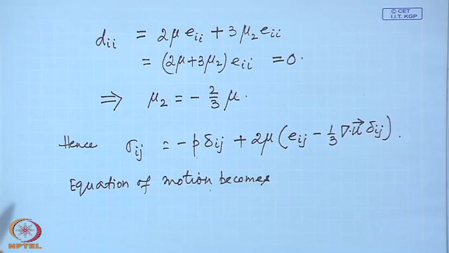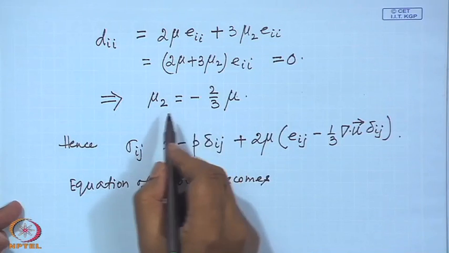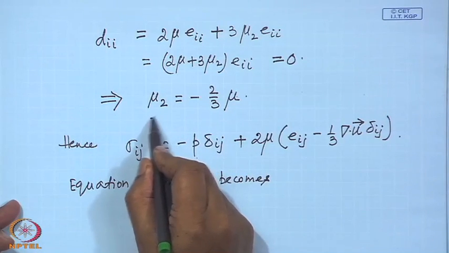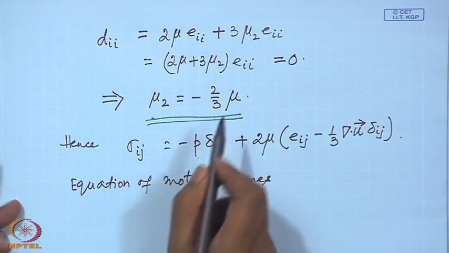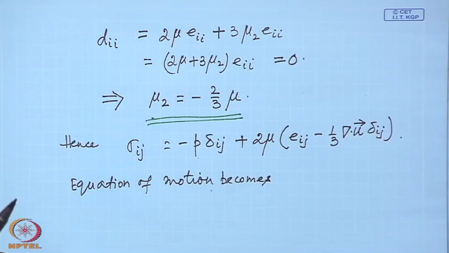By the way, before we write down this equation, this relation that mu_2, the second coefficient of viscosity, is minus 2/3 mu is usually known as the Stokes hypothesis of viscosity.